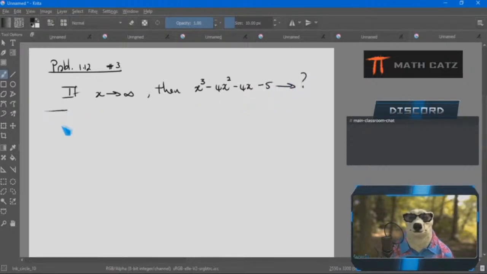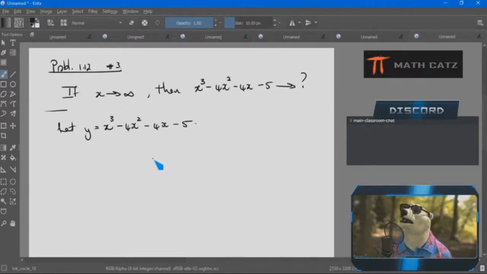So let's call it y, so it's a little bit easier to refer to. Let y be this function, the name of this function. Okay, so now I want to know. I don't know what this graph looks like, but that's also not the question. The question is just, what is the long-term behavior to the right?